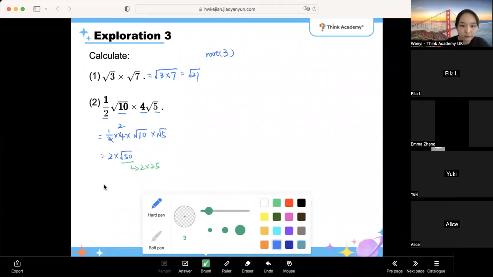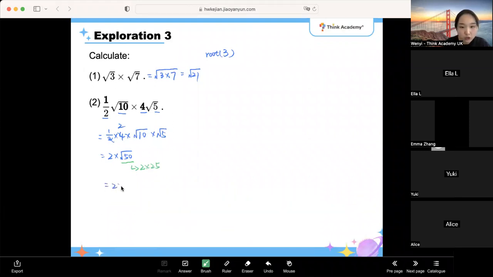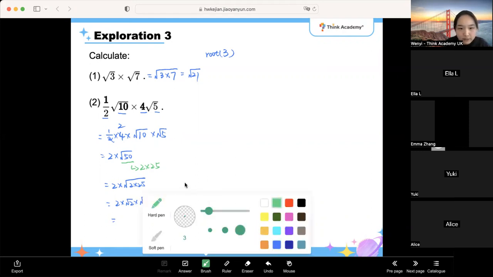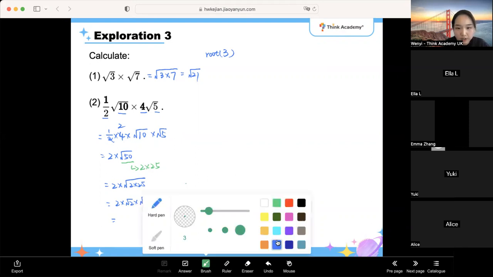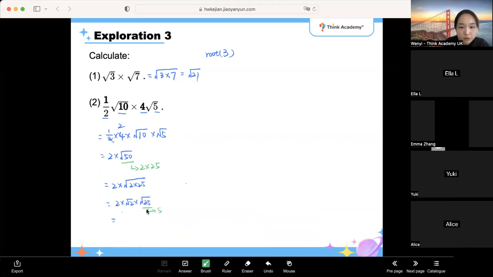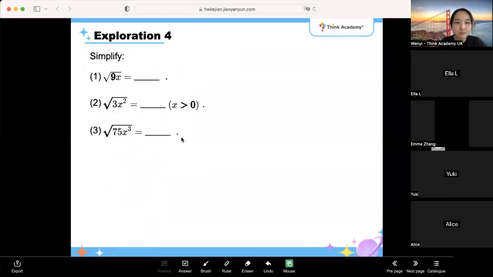Then we can simplify further as 2 times root 2 times 25, and factorize the surd as 2 times root 2 times root 25. This root 25 is just 5 here. So the answer is 2 times 5 equals 10 root 2. Yes, excellent job, everyone. Then we can move on.